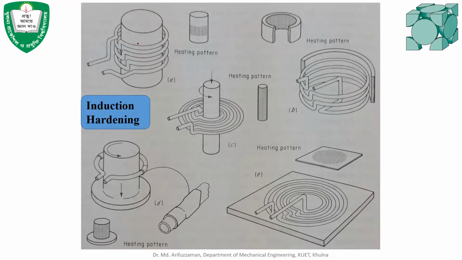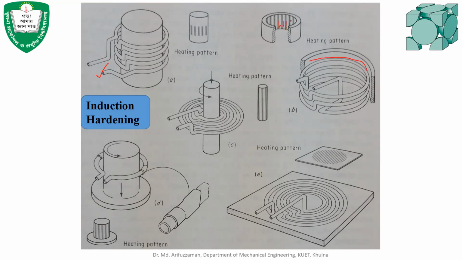If you want to harden the surface of a cylinder, then you can use this kind of heating method. The surface gets heated to form austenite and then suddenly quenched. Then you get the hardened surface, and this is the heating pattern. In the case of internal surface hardening, you can keep the magnetic field like this, and then heat up the internal surface.